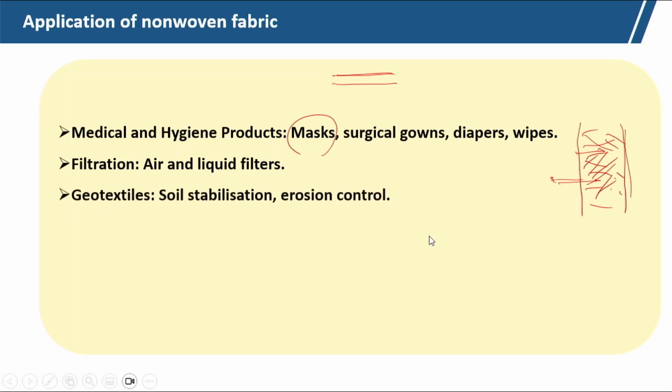Different filtration technologies and techniques are there, that we will discuss separately in water and air filtration. In geotextile, it is very widely used in soil erosion control and soil stabilization.